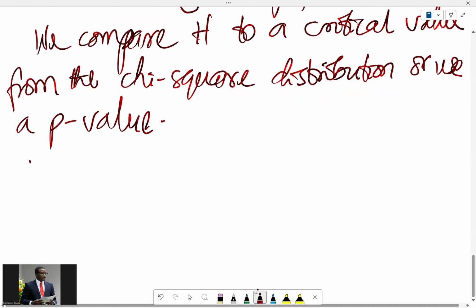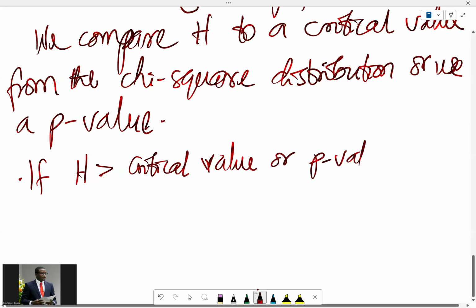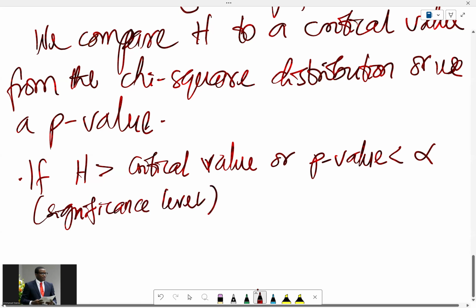The decision rule is such that first, if H, the test statistic, is greater than the critical value, or the p-value is less than alpha, where alpha is the significance level, then you reject H naught.